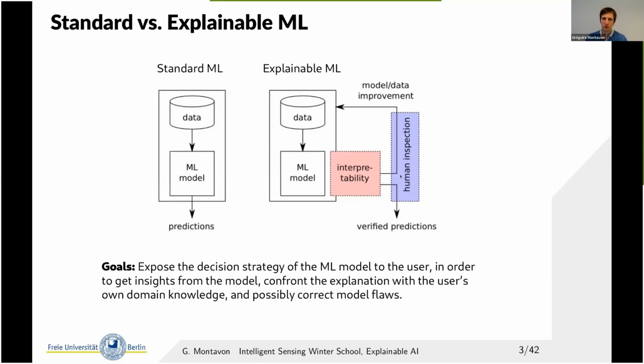And it can either then just return the verified prediction, that basically the prediction was supported by the right features, or identify some flaw of the model and then try to address that, for example, by either directly correcting the machine learning model or providing more data that would then correct this flaw.